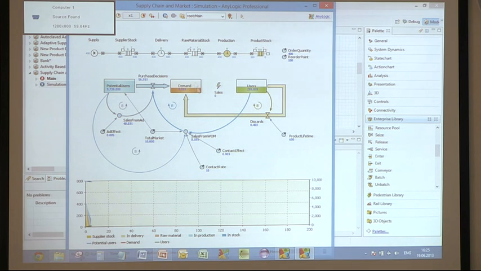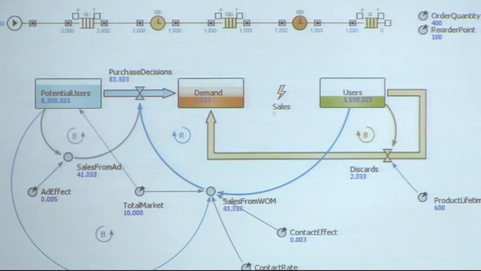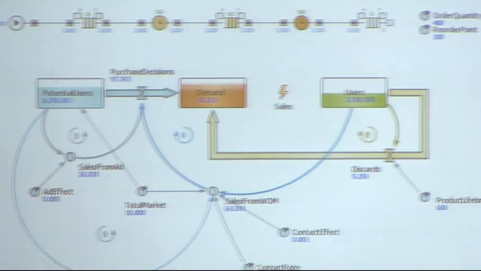You see that the demand block jumps up and down, and this is because the system dynamics model is linked to the discrete event model. And on this graph, just let it execute up to the end.